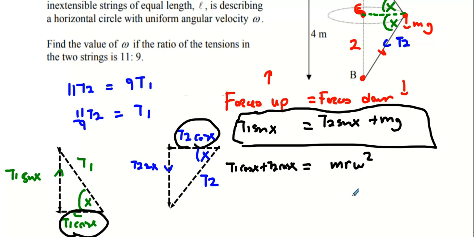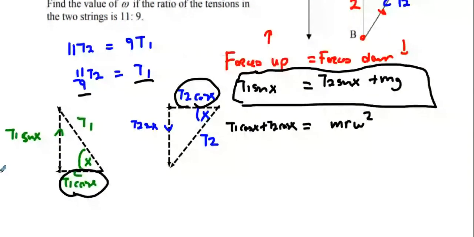So far, so good. Now, our first idea would be that we take these two equations and change T1 into 11 over 9 T2.